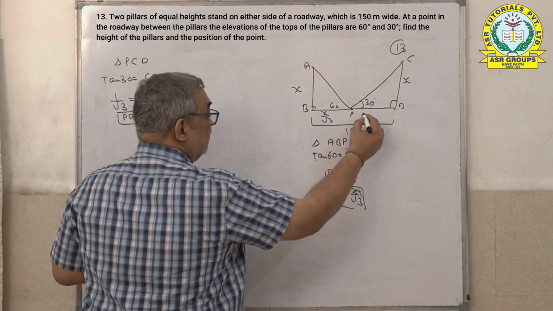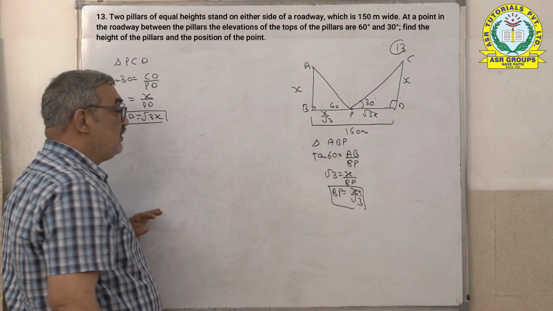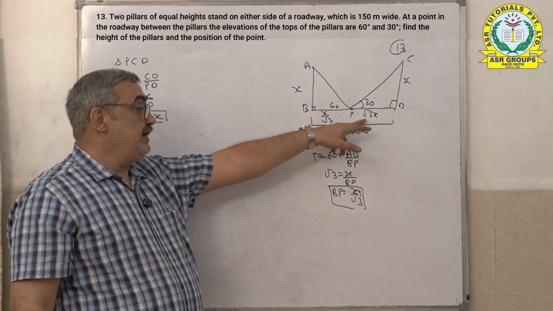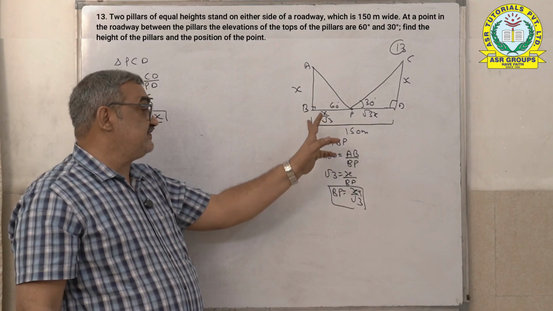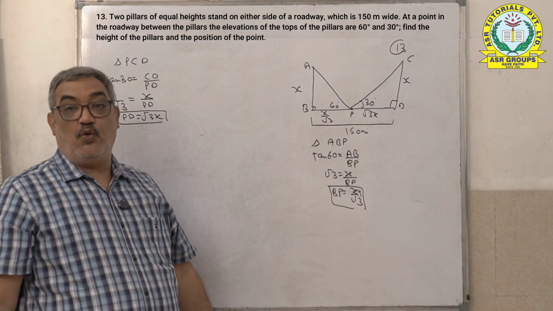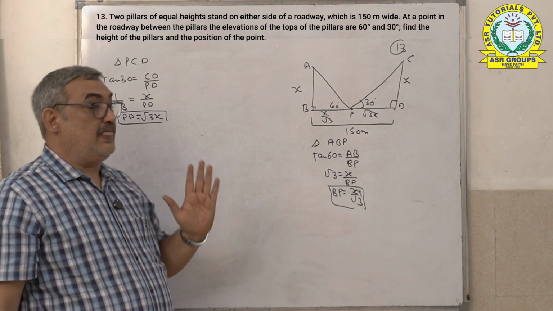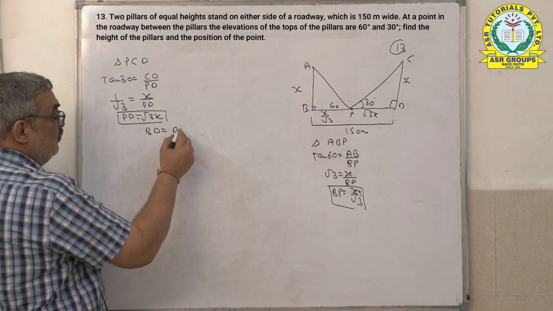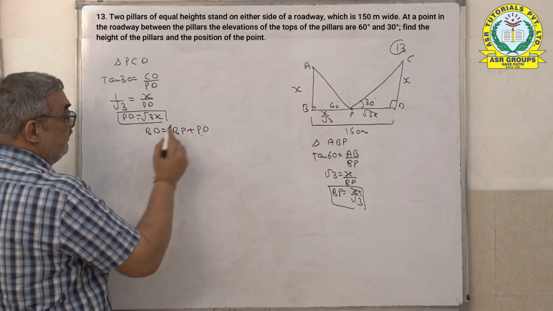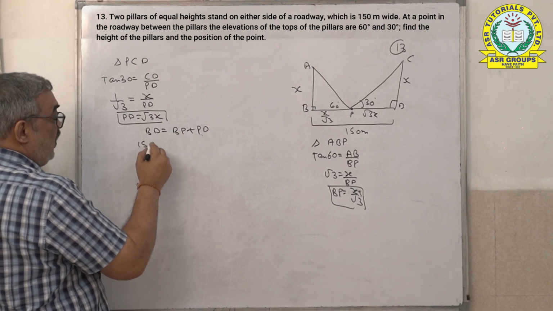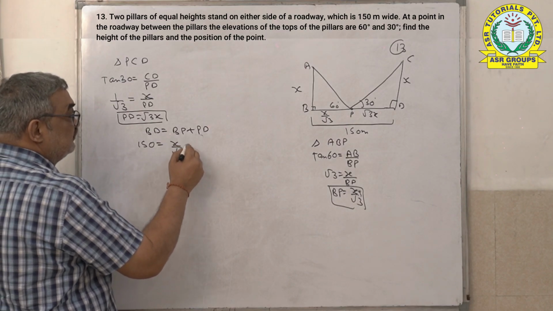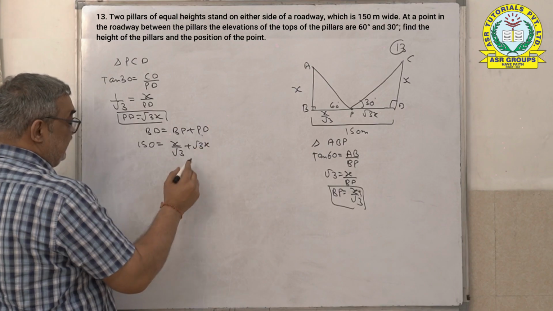Now BP is x upon root 3, PD is root 3x, and this whole distance is 150 meter. So BD equal to BP plus PD, 150 is x upon root 3 plus root 3x.